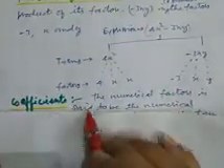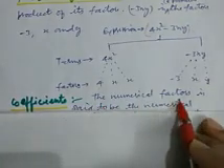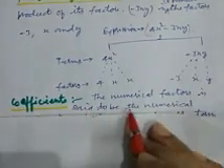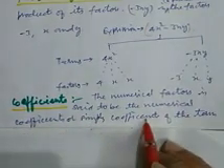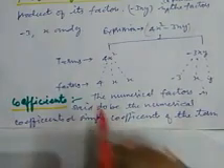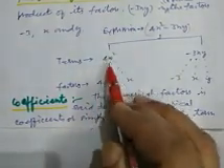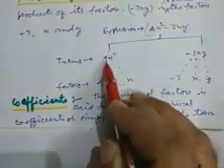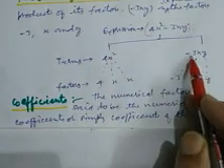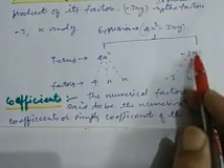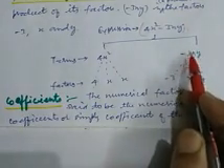What are the coefficients? The numerical factor is said to be the numerical coefficient, or simply the coefficient, of the term. Like in 4x square, x square has the coefficient 4. Here in minus 3xy, xy has the coefficient minus 3.